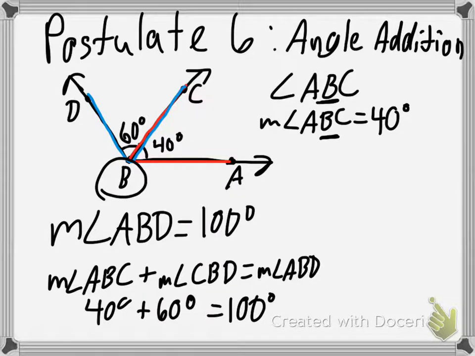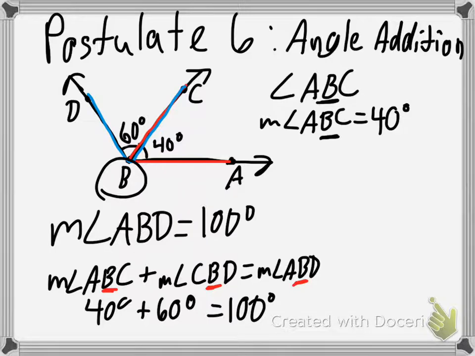Actually, for all 3 angles, what is B? It's the vertex. Whenever you name an angle, the vertex always has to be in the middle. It is the middle letter. The first letter and the last letter can change. It doesn't matter which order they go in, but that middle letter has to be the vertex, wherever the vertex is.